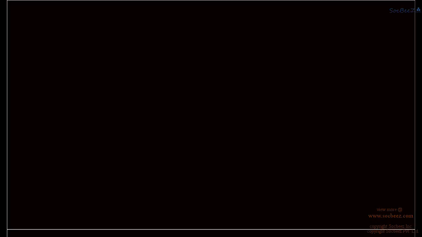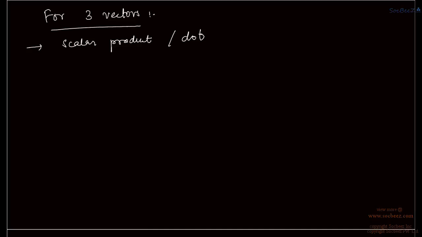Now let us see the scalar product, or dot product, of three vectors. Say there are vectors A, B and C, and we want to find the scalar product of these three vectors.